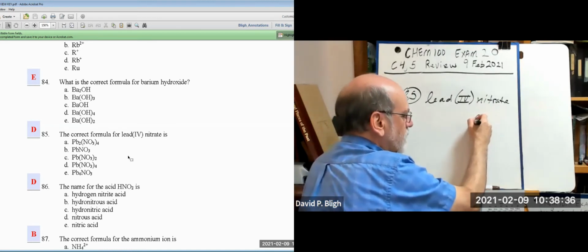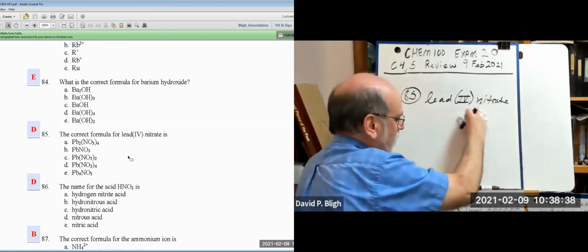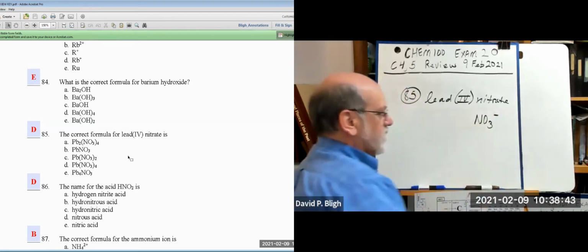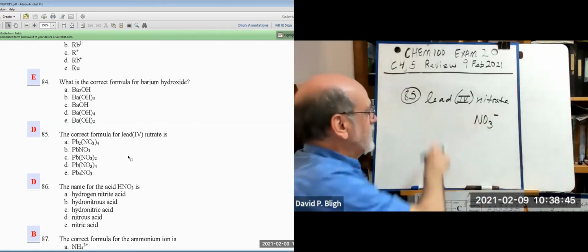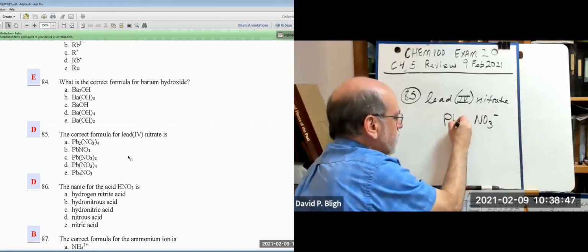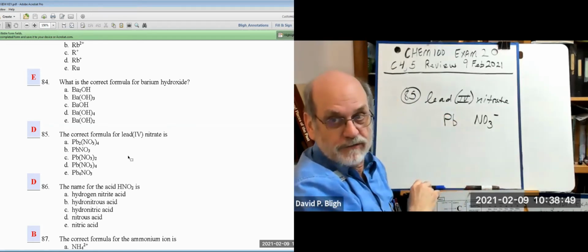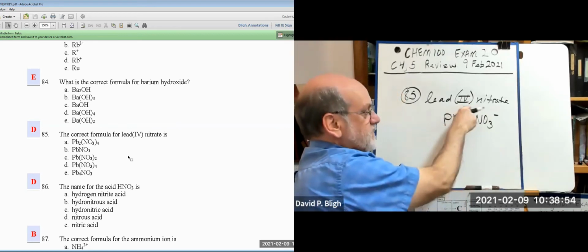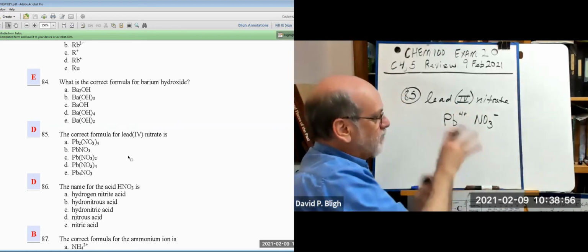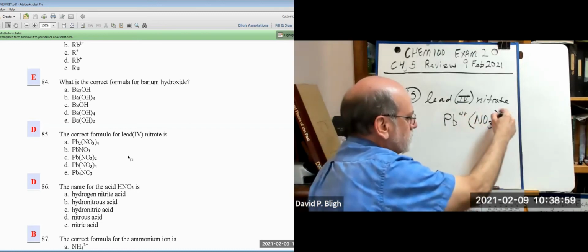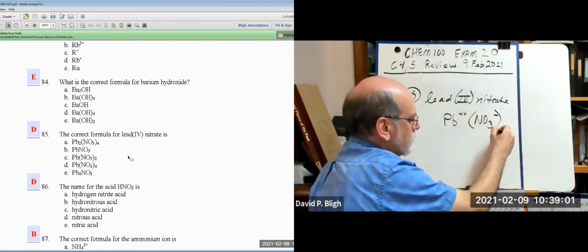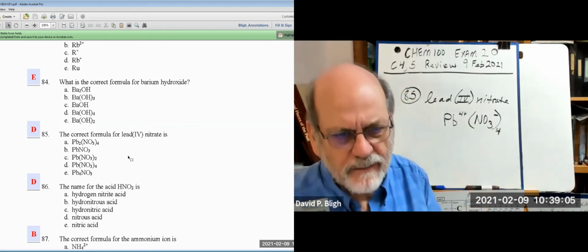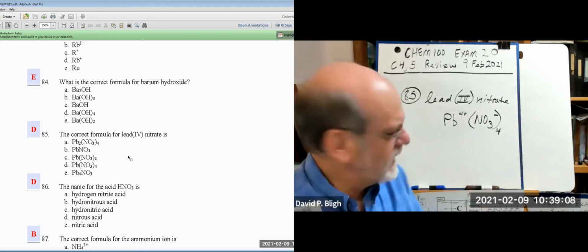Look it up. There's the nitrate ion. Lead, then, symbol here. What's the charge? 4+. It says so right there. Now balance it. That's it. So that makes D the answer.